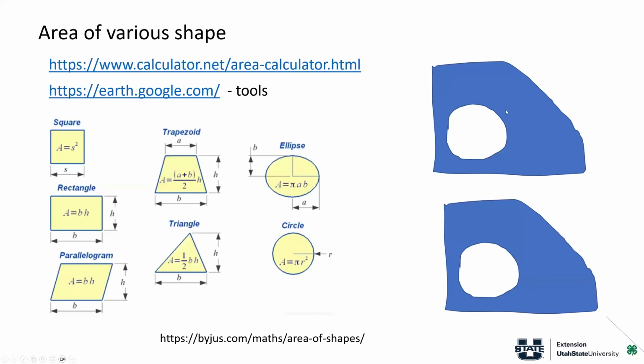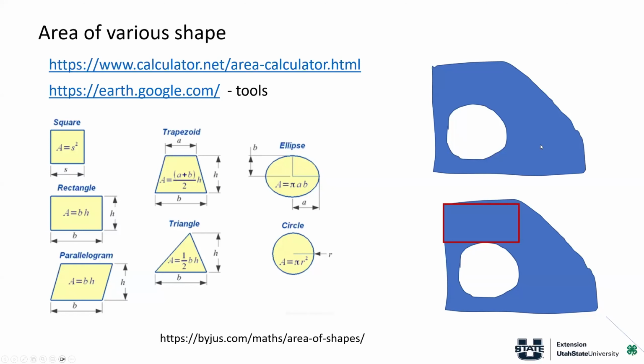Now, we all know not all landscapes are triangle or rectangle. So what you can do to calculate the area of a landscape, say this is a landscape here, and this center thing is a hardscape or a house or something like that, and this blue area is the landscape.